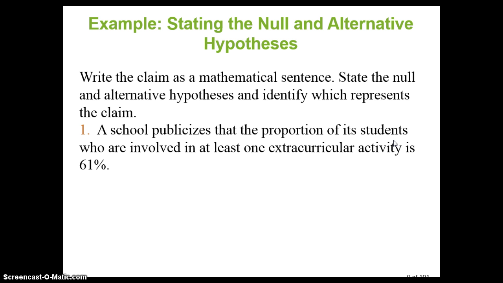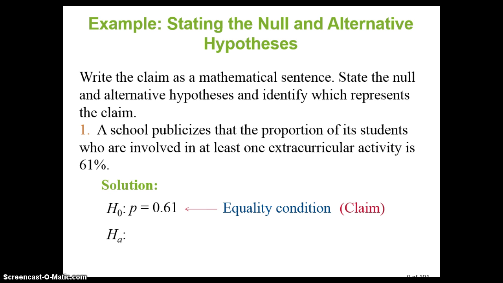So we are given our H0 statement, because H0 always has the equal sign. As a hypothesis statement for H0, we would say P equals 0.61. And the P stands for the proportion. Now that we know the claim, the HA statement must be the opposite of equals. So the opposite of equals is simply not equals.